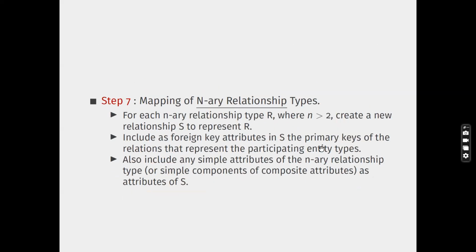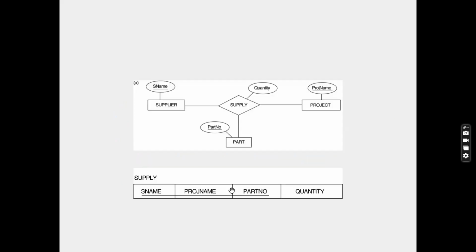Next one. When you have more than binary relationships, how do you handle such a situation? When you have a binary relationship, we discussed how we are going to do that. But when you have more than two, how do you handle it? Here is an example. We have a supply relation, and three entities are participating, and here are the primary keys. When you have more than a binary relationship, you have to create a separate relation for the relationship.